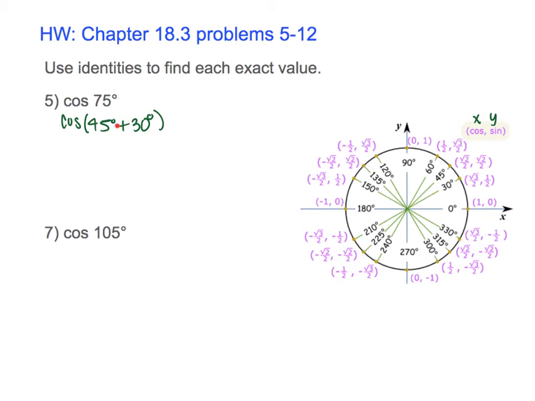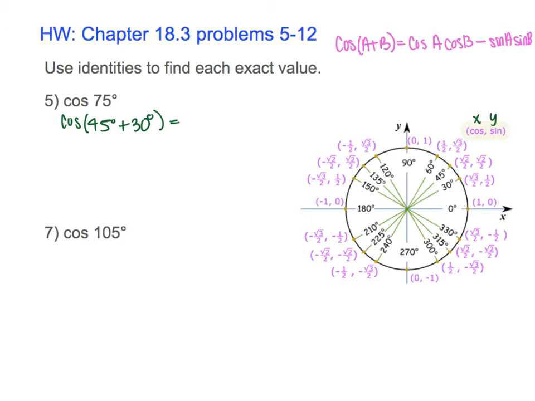And if I want to do this sum of 2 angles, I have to use the formula cosine of A plus B, which is equal to cosine A cosine B minus sine A sine B. So using this formula here, I can try to figure out the value of cosine 75.